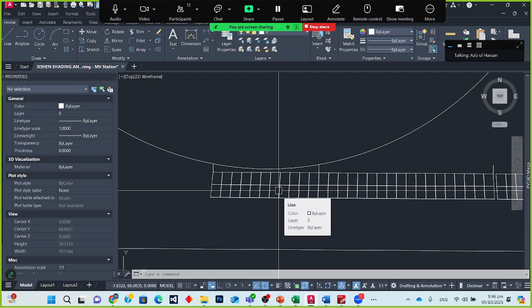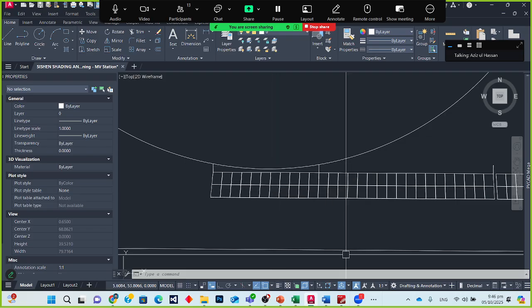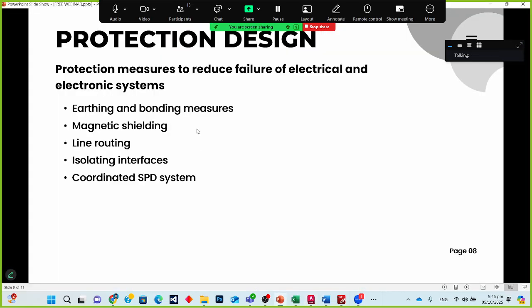How will we analyze the risk assessment? I just want to give the basic concept of the risk assessment, how we will analyze our risk, and how we will give the protection to our systems.